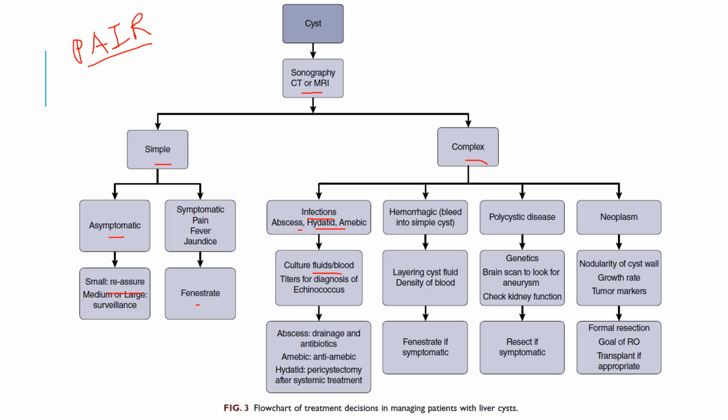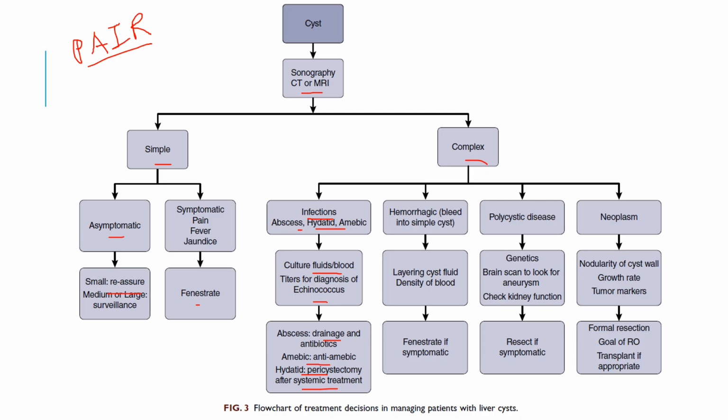You can do the titers for the diagnosis of Echinococcus granulosus. Abscess, you can drain with antibiotics. Amoebic, you can give anti-amoebic agents, metronidazole. Hydatid, you can do pericystectomy after treatment with albendazole.